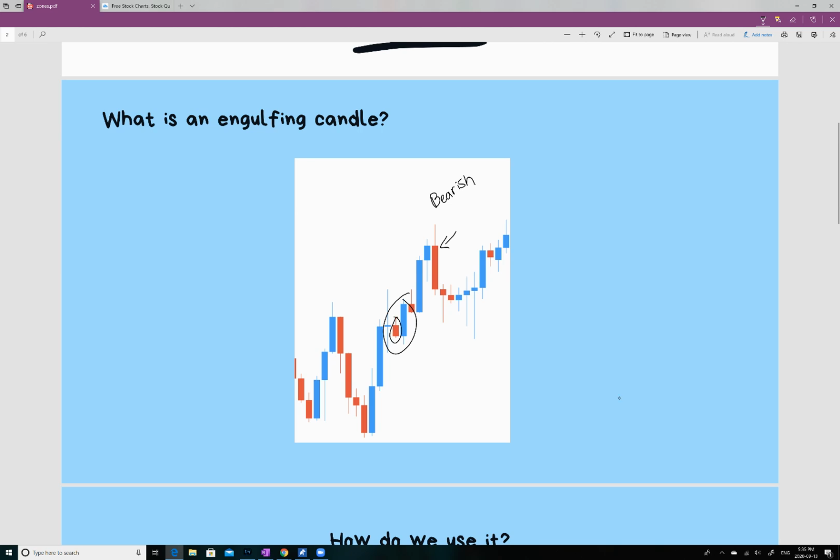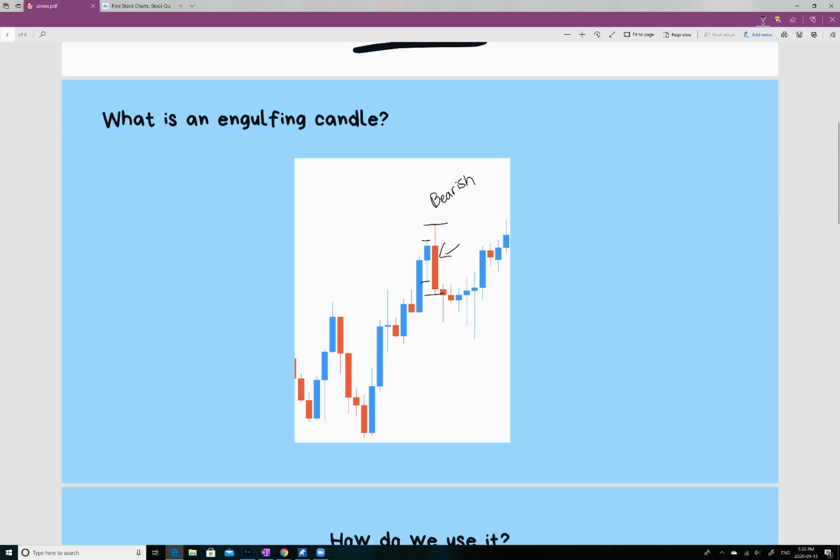Now, when we look at engulfing candles, there are technically some rules. However, for me, as long as the second candle swallows the previous candle, I consider it an engulfing. Other people prefer if the wicks and the body are encompassed in the body of the second candle.